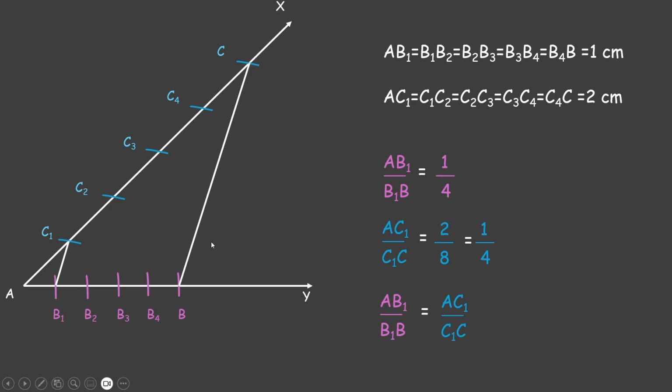The corresponding angles are equal. So by the converse of the corresponding angle theorem, we see that B1C1 is parallel to BC. So we observe that in this triangle, we had two points on two sides dividing the two sides in equal ratio, and then we also notice that these two lines are parallel.